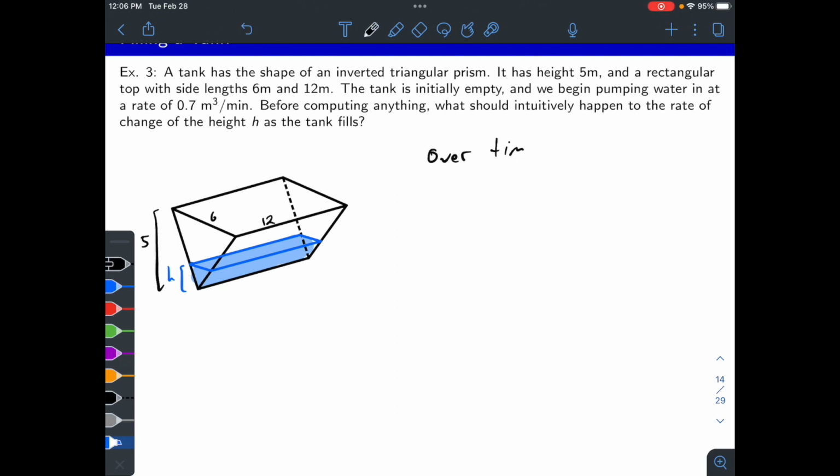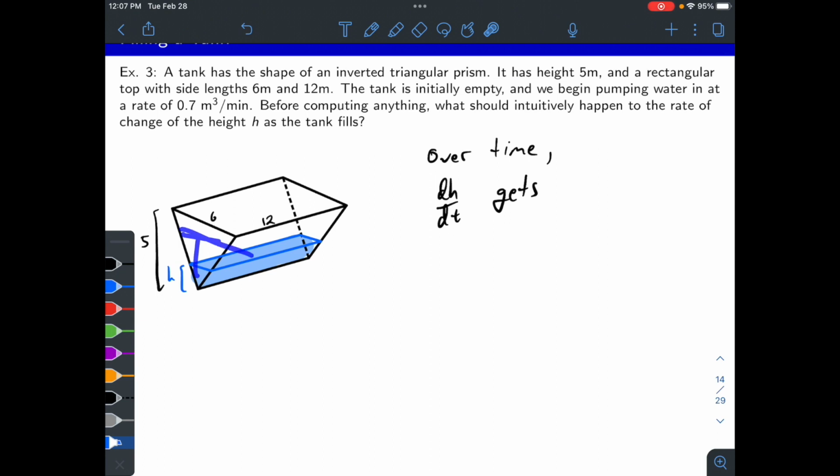So over time, what is really happening to dH/dt? Is it getting bigger over time, or is it getting smaller over time? Well, intuitively, once you start pumping water in there, if you pump in a little bit of water, it's going to make it go up by a lot because it's easy to fill up the tank here at the bottom.